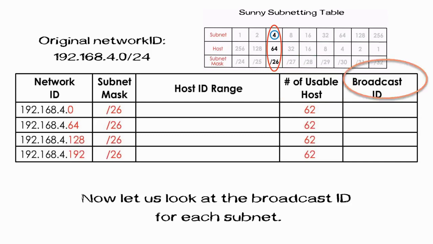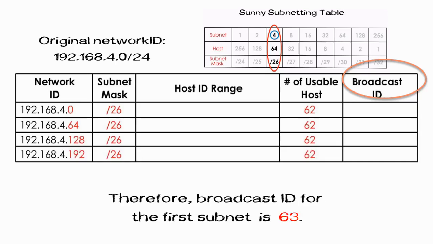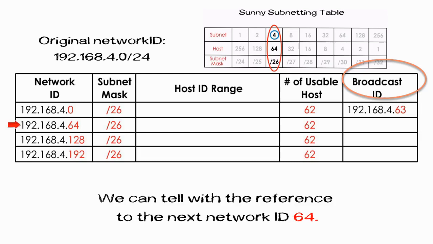Now let's look at the broadcast ID for each subnet. Keep in mind, the last host ID is reserved for its broadcast ID. Therefore, the broadcast ID for the first subnet is 63. And we can tell with reference to the next network ID, 64.